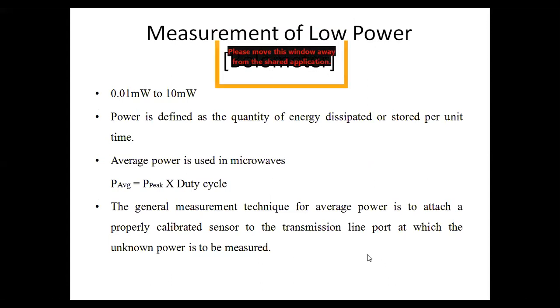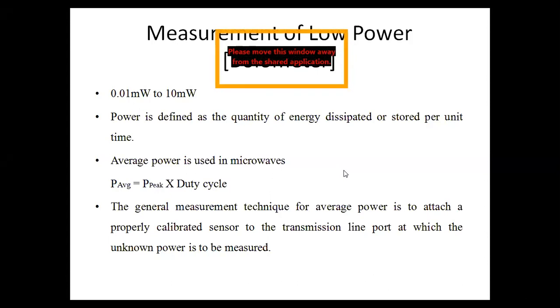Okay. So first, for measuring the low power, we are using the bolometer technique. In bolometer, first we will use a power sensor in the transmission line of microwave. If an RF microwave power is transmitted through a medium, that is a waveguide, along the transmission medium we will keep the power sensor.